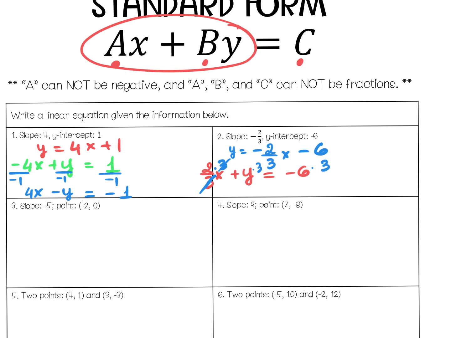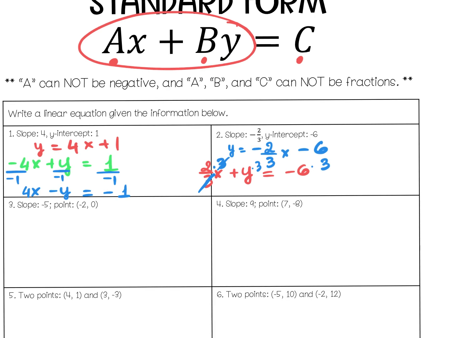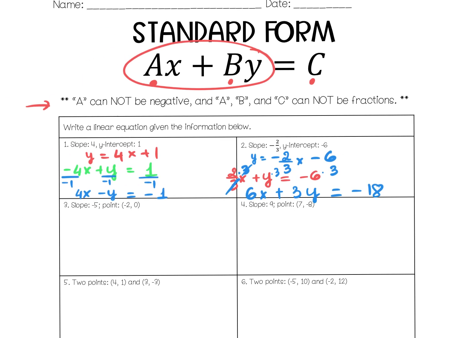Okay, so you will have 2 times 3 will be 6x plus 3y equal to negative 18. And that is your standard form. Okay. All right, number 3.